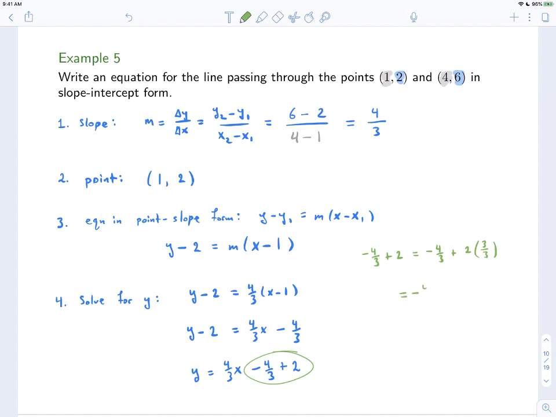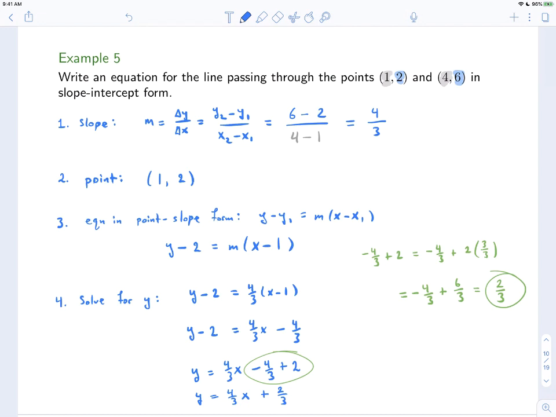So this is minus 4/3 plus 2 times 3 is 6/3. And that's going to give us 6 minus 4 is 2, so 2/3. So that means that this number right here is 2/3. So our answer then is y equals 4/3 x plus 2/3.